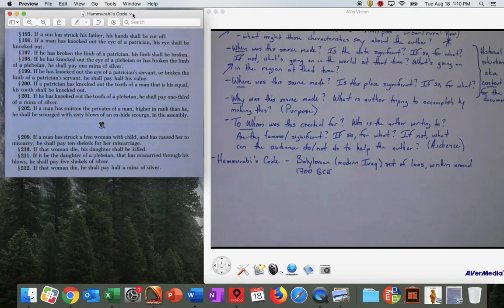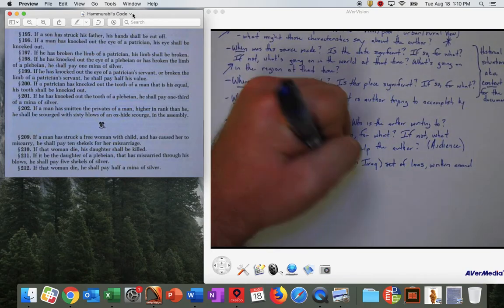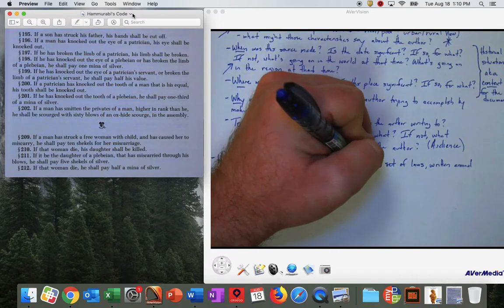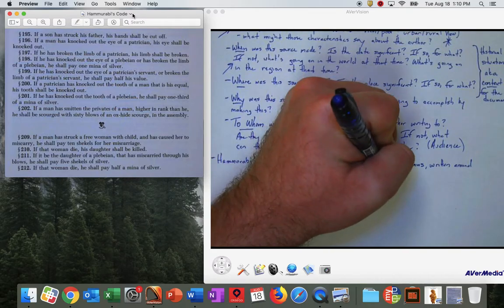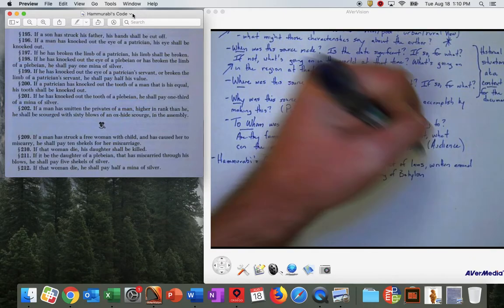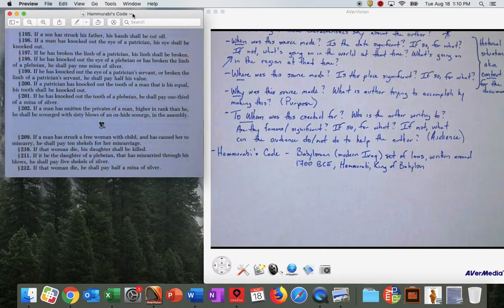So right in the middle of the agricultural revolution, we have now started moving into cities. And it was written by Hammurabi, the king of Babylon. That is the author.